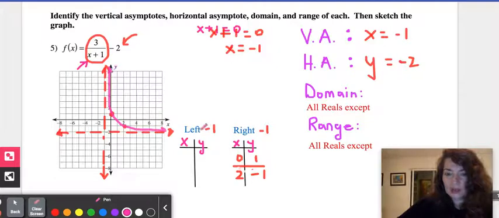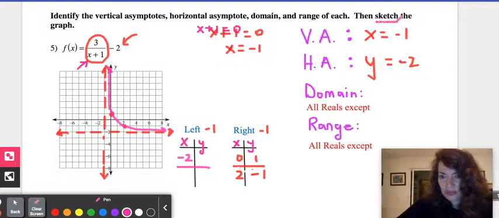Let's go ahead and look at left of -1. Well, left of -1, we have -2. And remember, we could choose any value left of -1 just to make the sketch a little bit more accurate, even though they did say it is a sketch. I could just sketch 2 curves going towards the asymptotes, but if you want to be a little more accurate, plug in points.